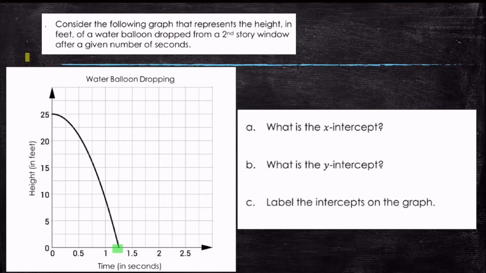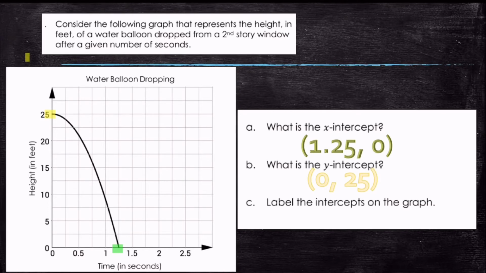And I see that's halfway between 1 and 1.5. So that means it's 1.25, 0. The y-intercept is the place where it crosses the y-axis. Okay, if I look at that, it's at 25. So I also can tell that my water balloon's being dropped from 25 feet in the air. Because if we look at it, it says the height, and that's its starting point. Okay?